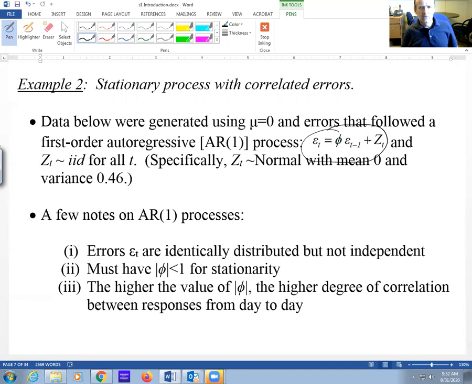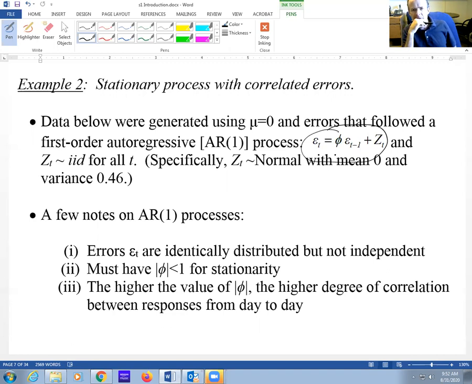So what happens if phi is closer to 0? What is that saying about the process? Does it mean that the mean will be nearly 0? Yeah, the mean is 0 regardless of what phi is. That won't be affected by phi.